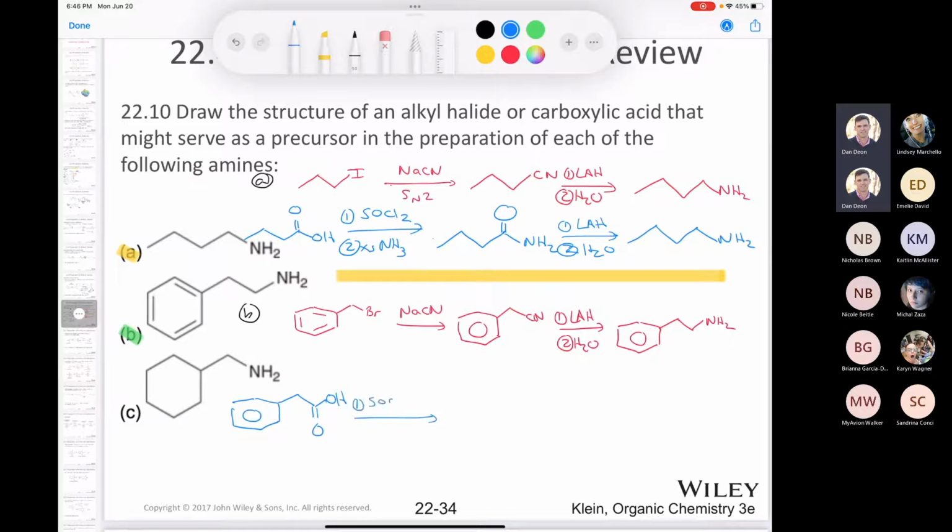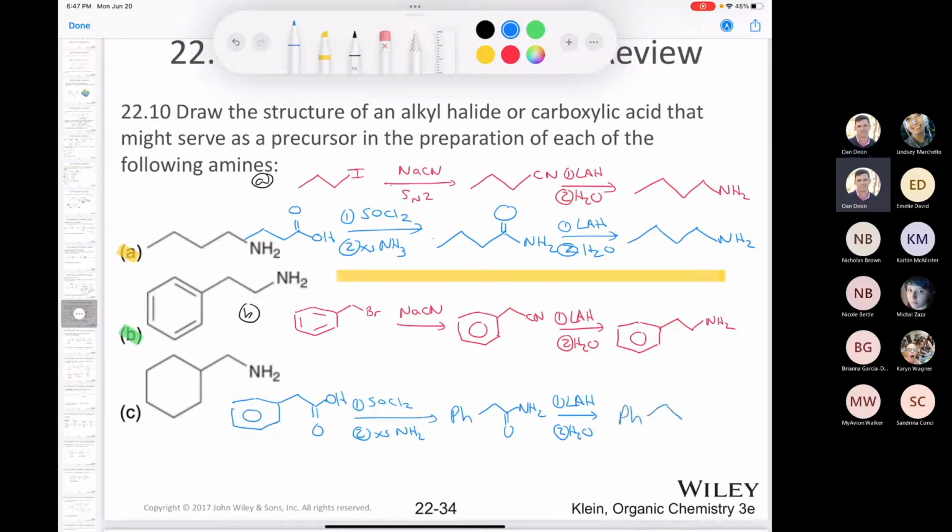First step would be thionyl chloride to make the acid chloride, then excess ammonia to make the primary amide. Let's pencil the primary amide in here. Primary amide, and then just lithium aluminum hydride followed by treatment with water, and that's going to give us the product.